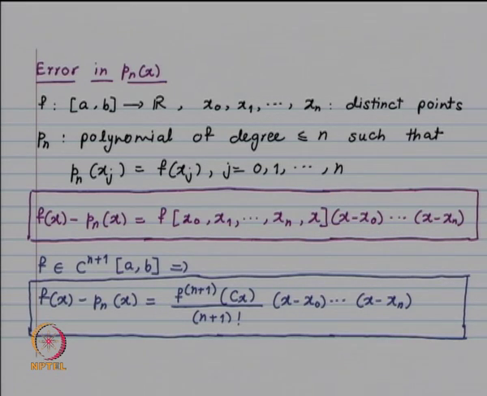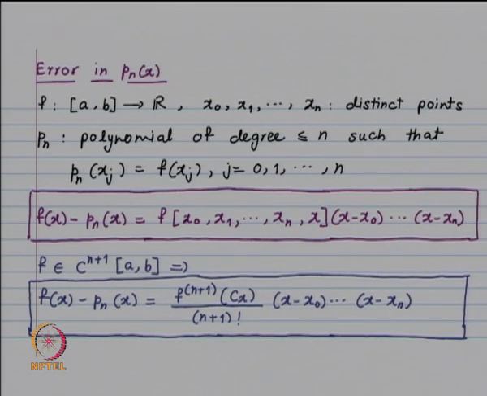So, this is one part, and the other part is the function w(x), that is (x minus x_0)(x minus x_1)...(x minus x_n). Last time we have seen that the maximum norm of w is minimized by choosing x_0, x_1, ..., x_n to be Chebyshev points.